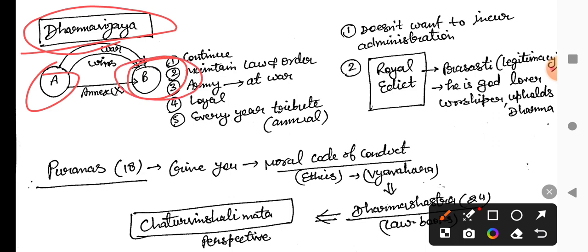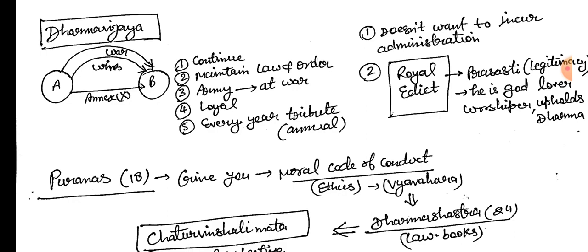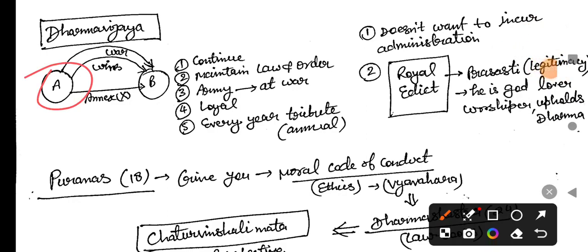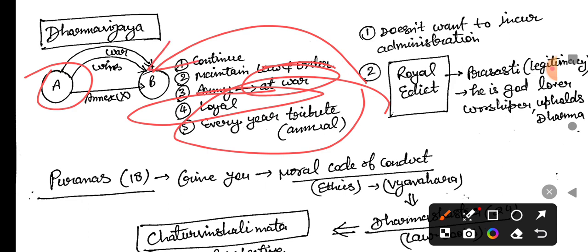If he is defeated by King A, his responsibility is to continue his relationship with King A, maintain law and order by the order of King A, and maintain an army only at war time. He must be loyal to the state, and give tribute to King A every year.